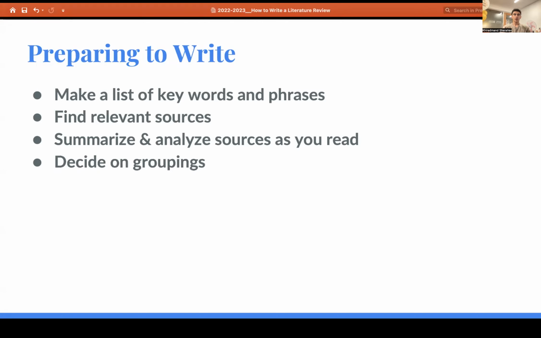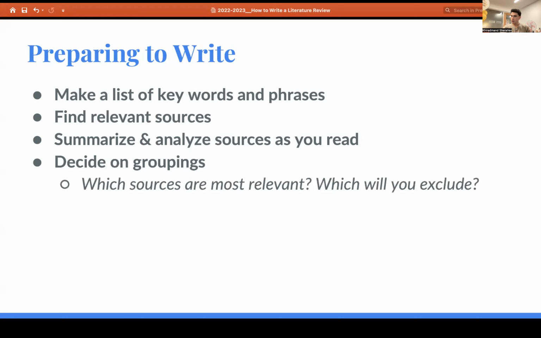And what is more important, you need to decide on groupings. So you need to identify which sources are most relevant. So which will you include and which will you exclude, right?